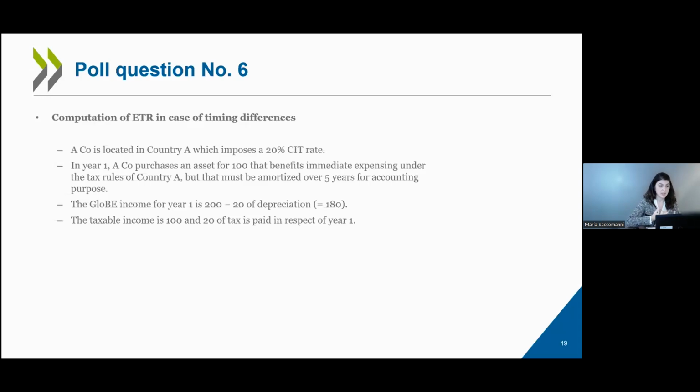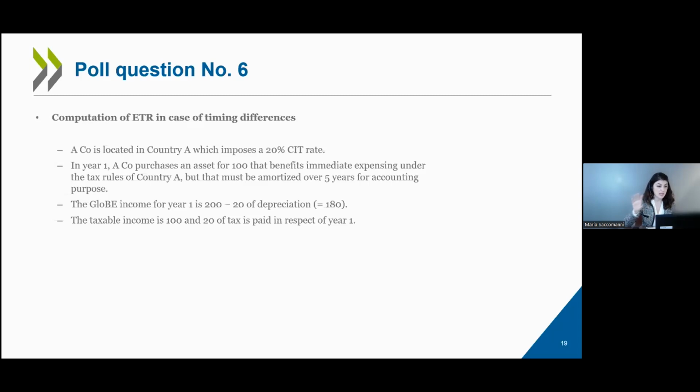So the timing difference here is 80, because we have the accounting carrying value of 80 and the tax basis that is 0. And on such a delta, we have to build the deferred tax amount. According to the accounting principle, probably it would be determined under the nominal tax rate, but according to the Pillar 2 rules, it shall be determined at the minimum rate, that is 15%.